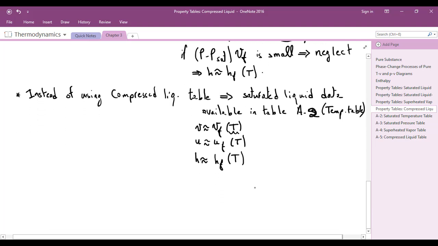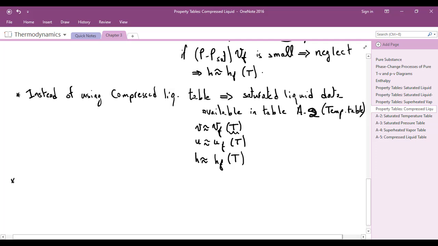To show you what we are talking about, we're going to solve an example by calculating the properties one time using the compressed liquid table, and another way using the saturated temperature table, and we will see the difference.